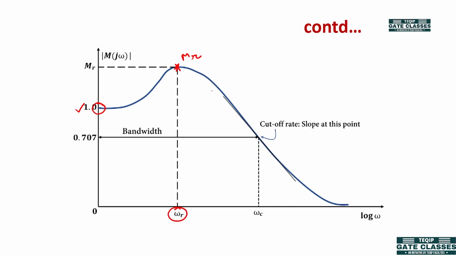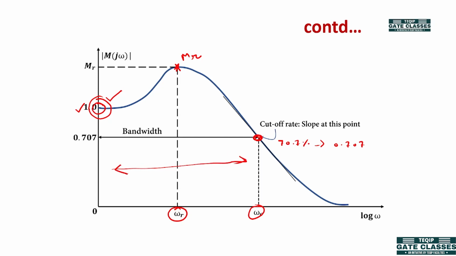Then it starts decreasing, and at one frequency it becomes 70.7% of its zero frequency value. Here we have 1, so it is the value 0.707. Okay, so this frequency is called the cutoff frequency, and this is called the bandwidth of the system.